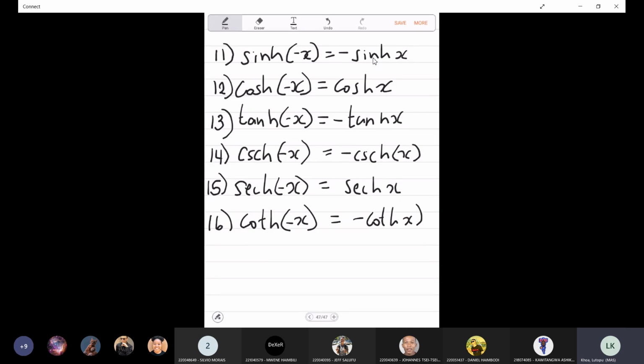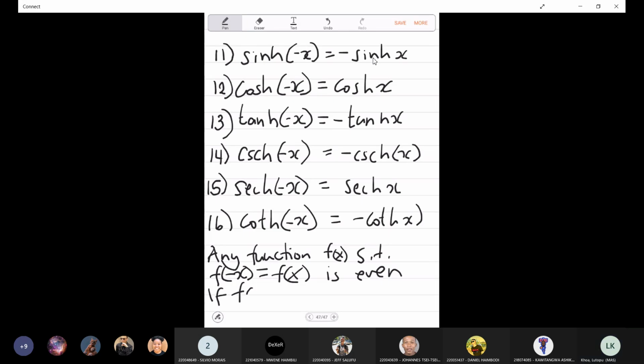Okay, so just write that any function f(x) such that f(-x) is equal to f(x) is even. And then if f(-x) is equal to -f(x), then the function is odd.